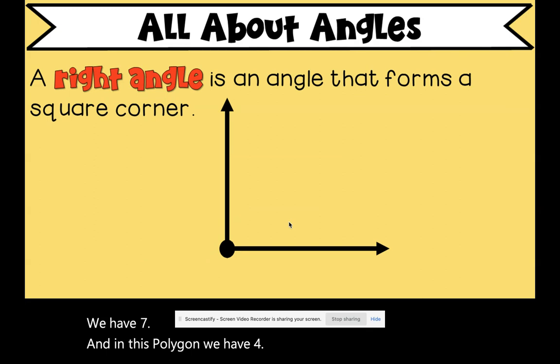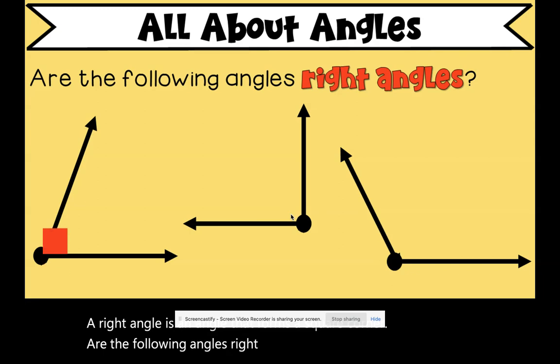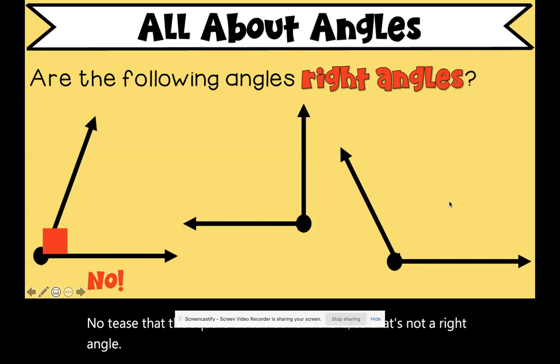A right angle is an angle that forms a square corner. Are the following angles right angles? No. The square does not fit in there, so that's not a right angle. Oh, perfectly there. So is this one a right angle?